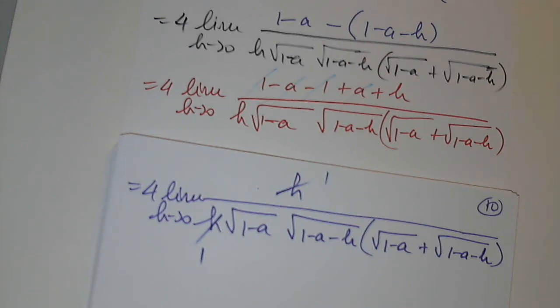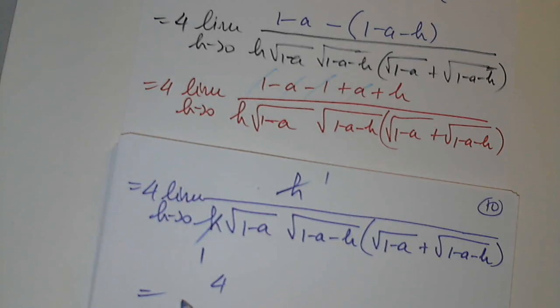So where does this go? Itself, nothing. Where does this go when h approaches 0? 1 minus a. The square root of 1 minus a. Where does this go? Twice.